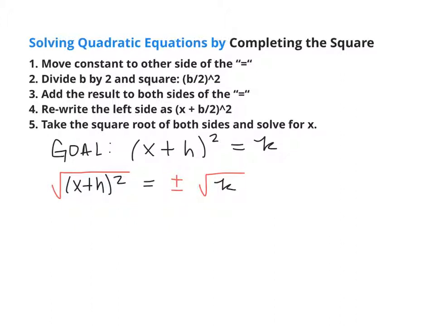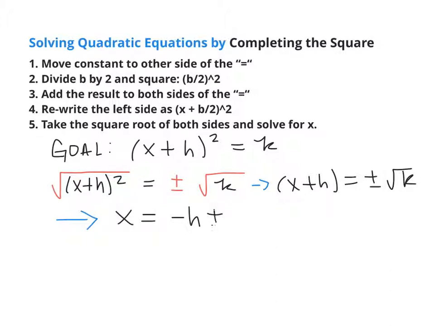Then that's going to allow us to solve for x, because we would end up with x plus h, the square root undoes the squaring, equals plus or minus square root k, and then to get x, we subtract h from both sides.